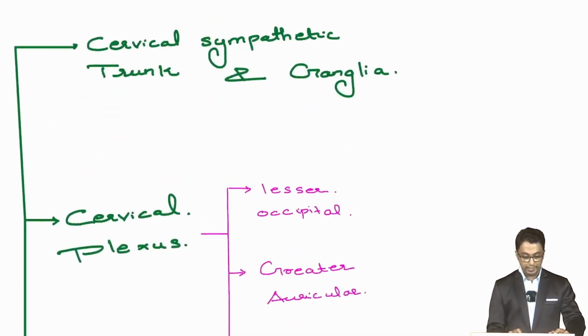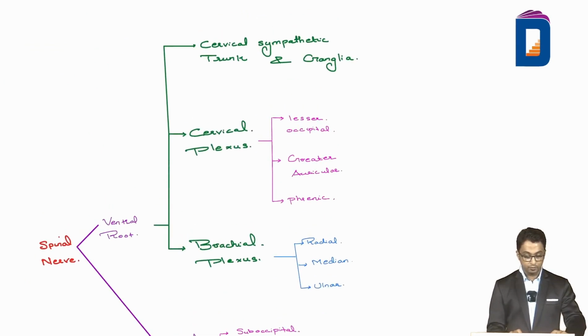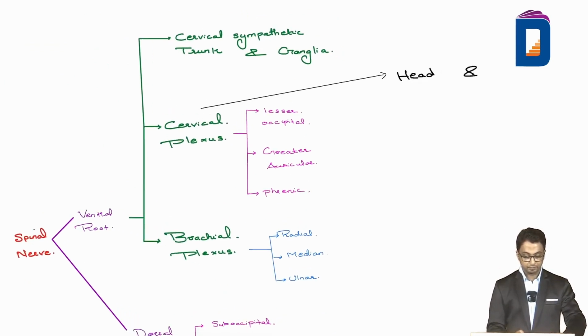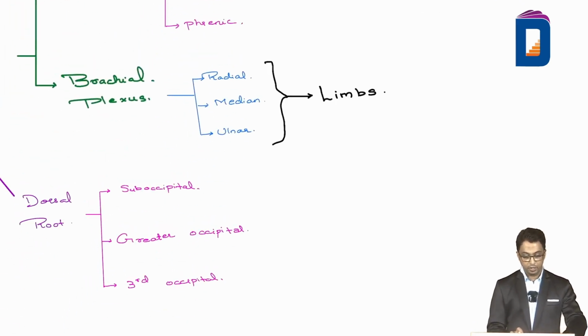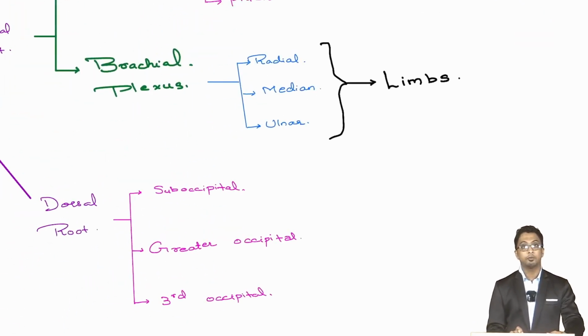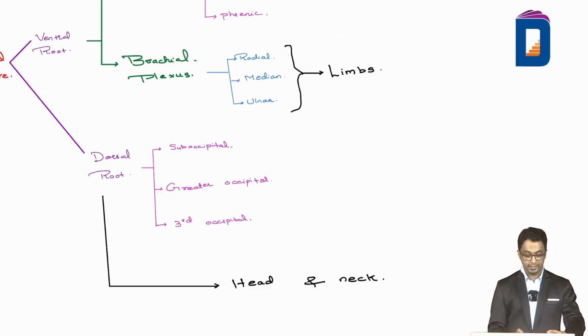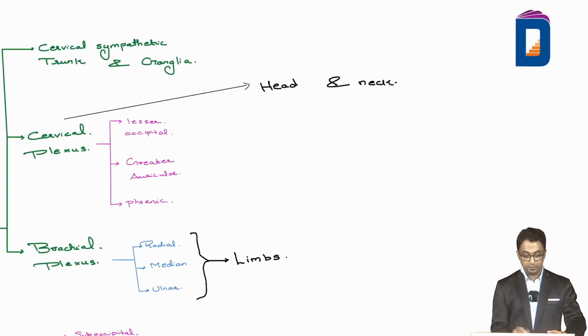So this is the outline I just want to give you now. A little bit more: cervical plexus supplies the head and neck region. Where exactly in the head and neck, I'll tell you. Whereas the brachial plexus supplies the limbs. And the dorsal root, again, the head and neck region.